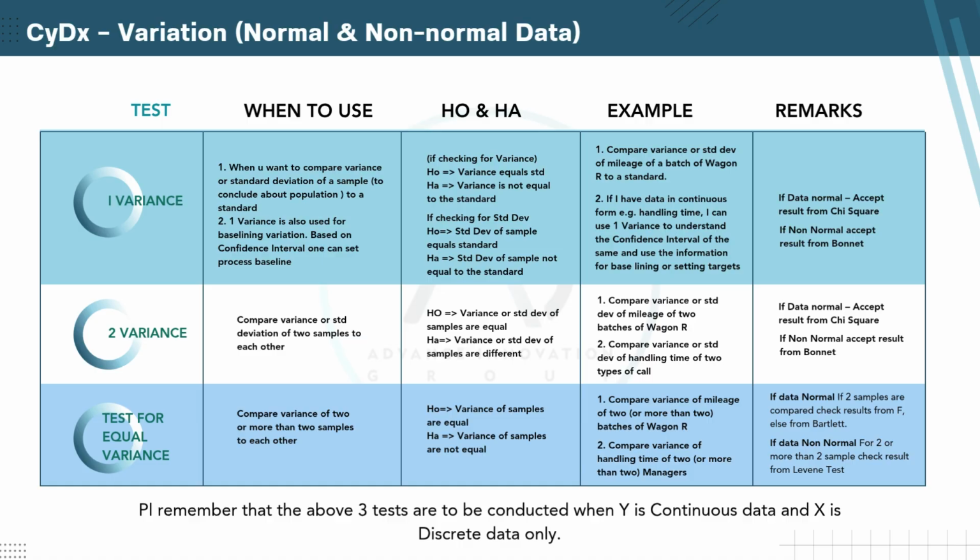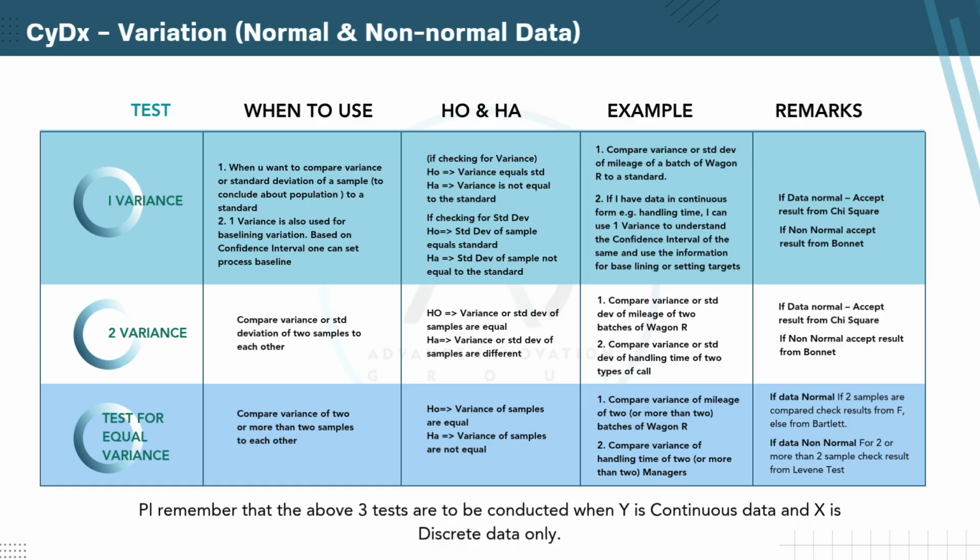1. 1-Variance. When to use: when comparing a single sample's variance or standard deviation to a known baseline or standard. It's useful when validating a baseline or checking if a current process aligns with a set target. Hypotheses. If checking variance, H0: variance equals the standard. Ha: variance is not equal.